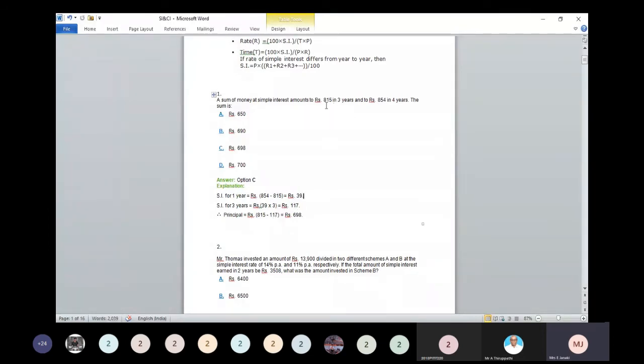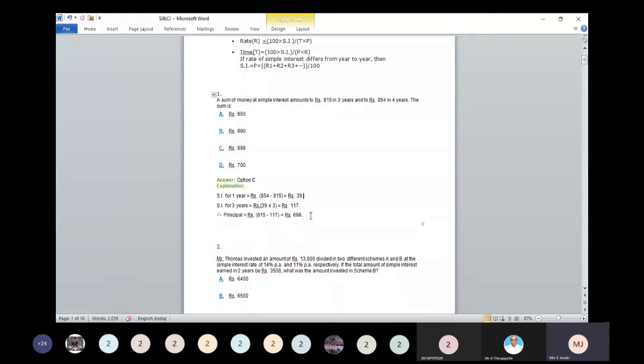So when you subtract this 117 from 815, that is principal plus simple interest minus only the simple interest for 3 years, 815 minus 117, the answer is 698.